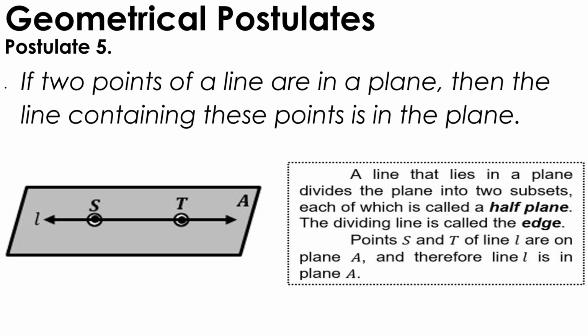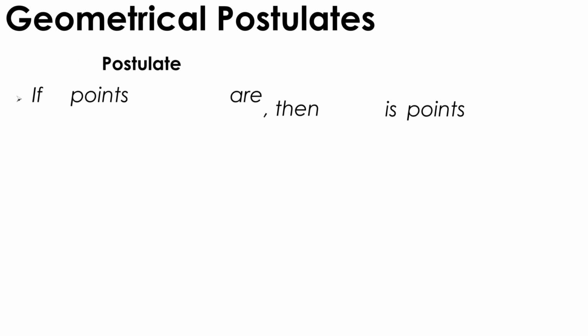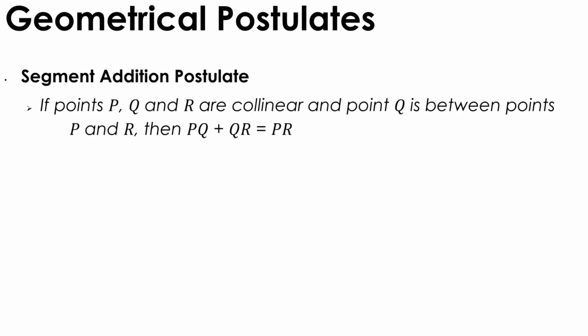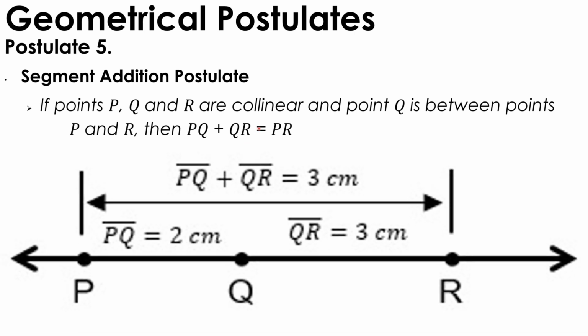Now let's discuss the segment addition postulate. If points P, Q, and R are collinear and point Q is between points P and R, then PQ plus QR is equal to PR. Also, this is under postulate number 5.